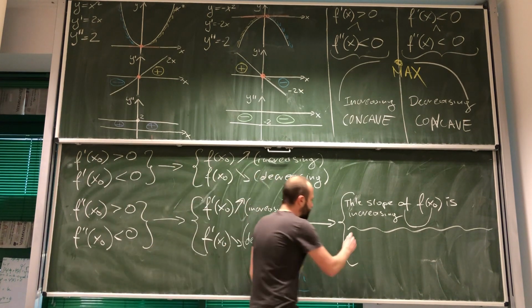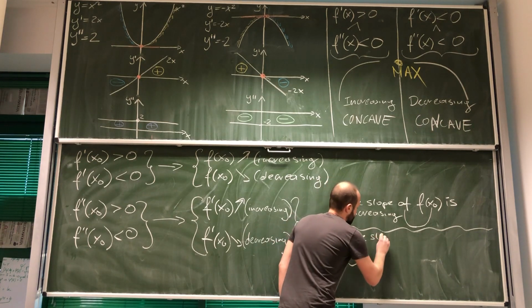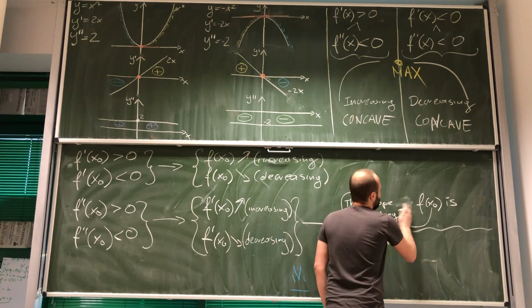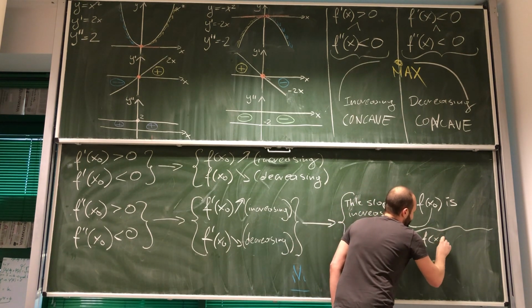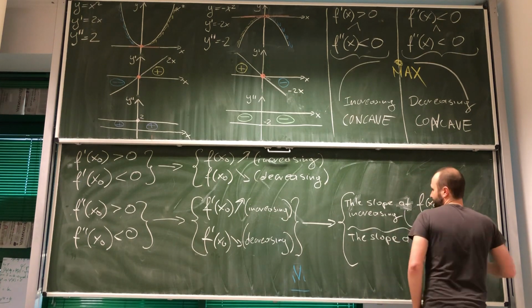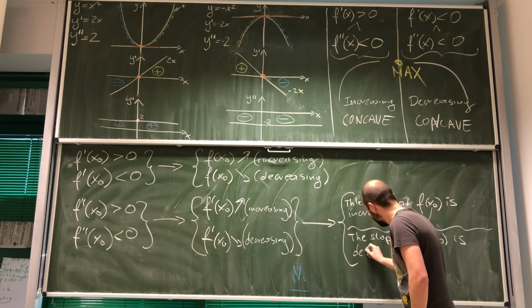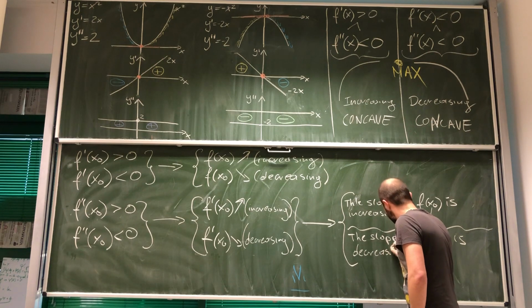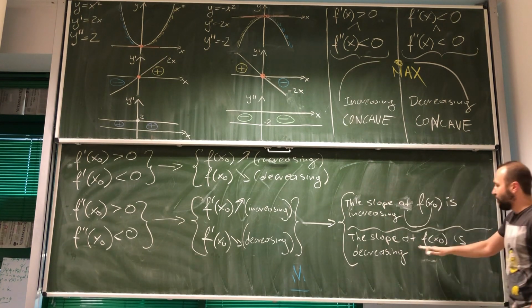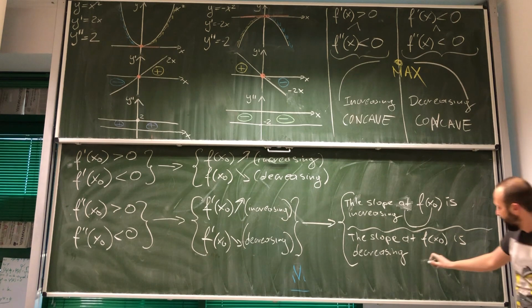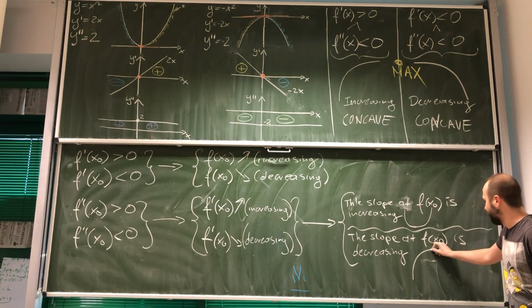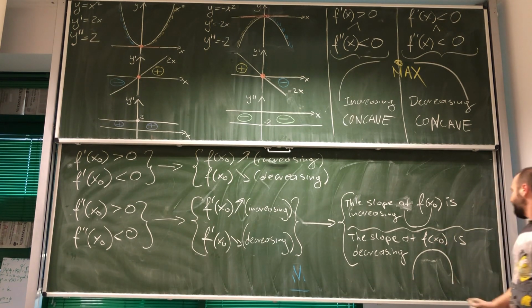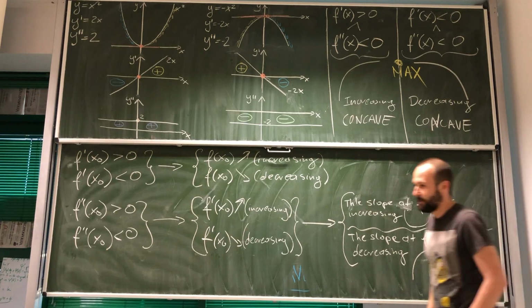It means that the slope at f of x0 is decreasing. So, how can we have a situation like that? If the function is increasing, it means that it increases slower and slower, but if it is decreasing, it decreases faster and faster.